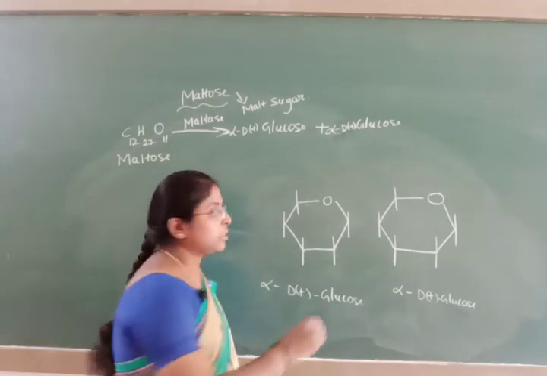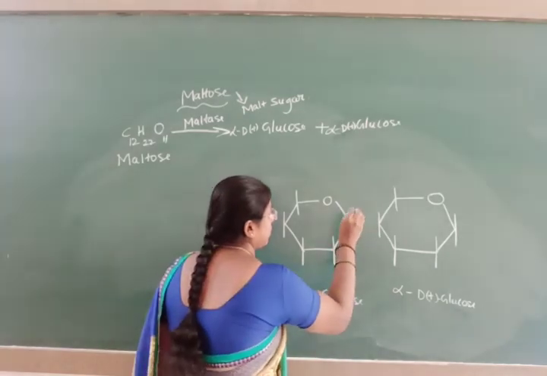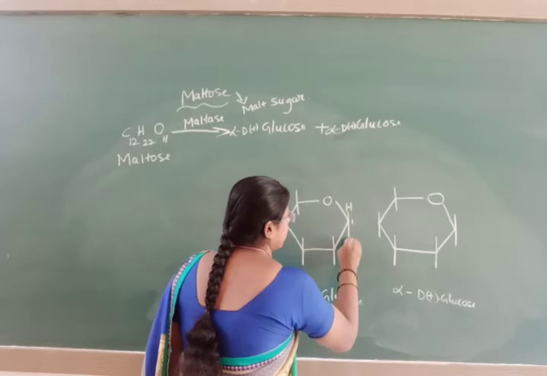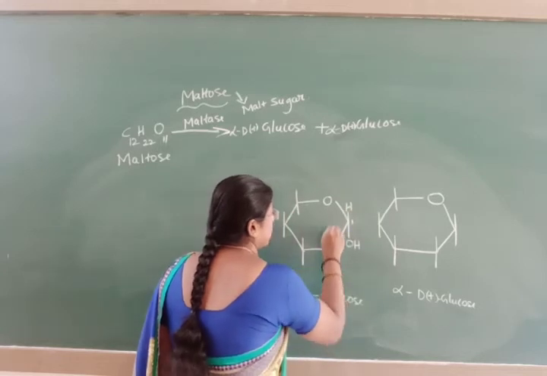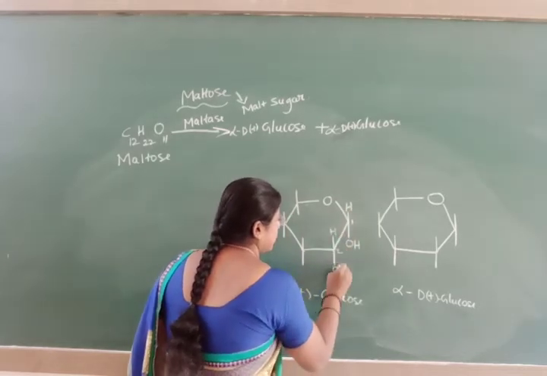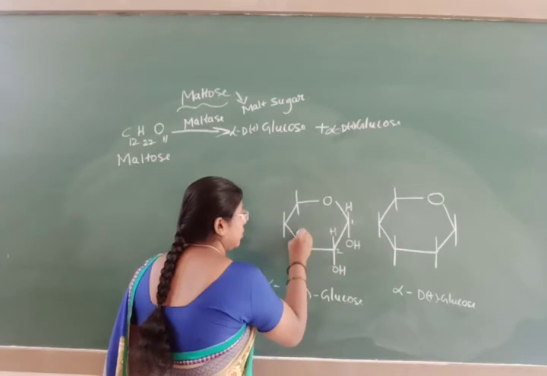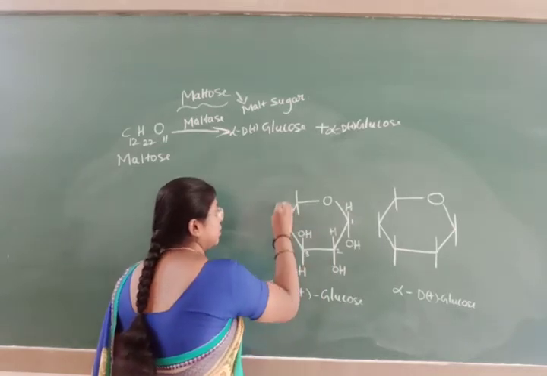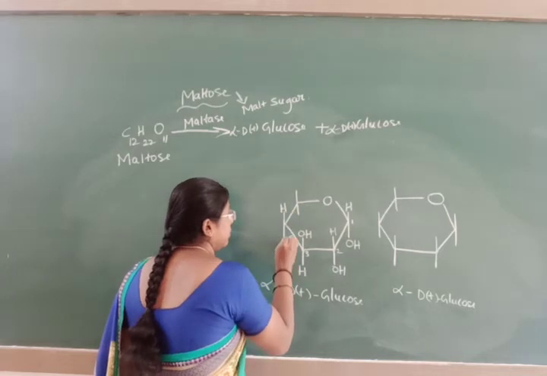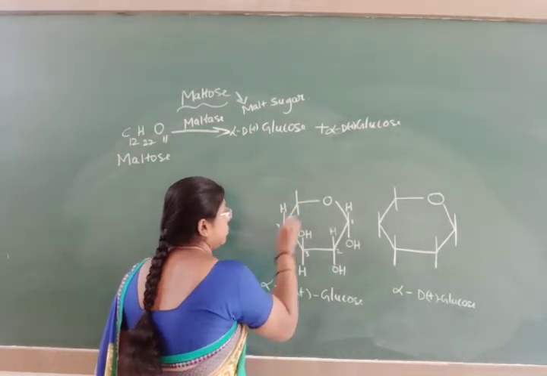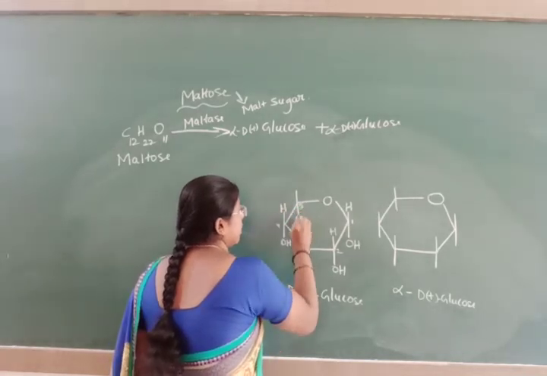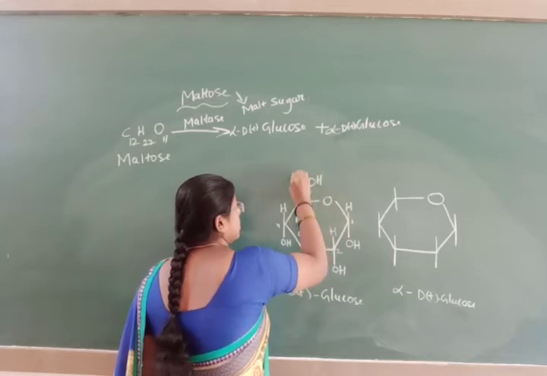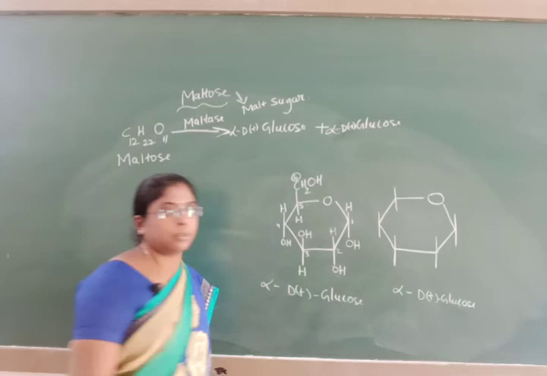Here the numbering starts from 1. The first carbon has H, OH. On the third it will be OH, H. The fourth carbon will be H, OH. The fifth will be H and the sixth will be CH2OH. This is alpha D plus glucose.